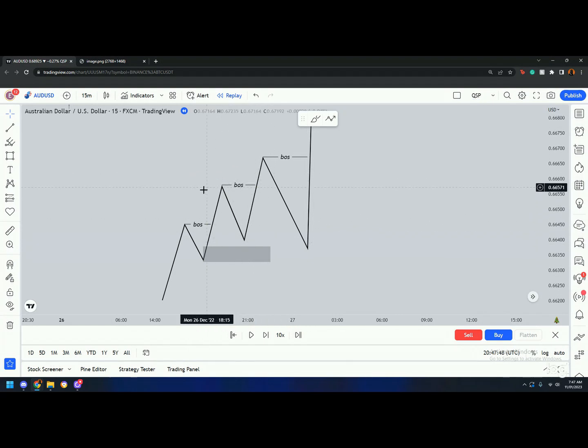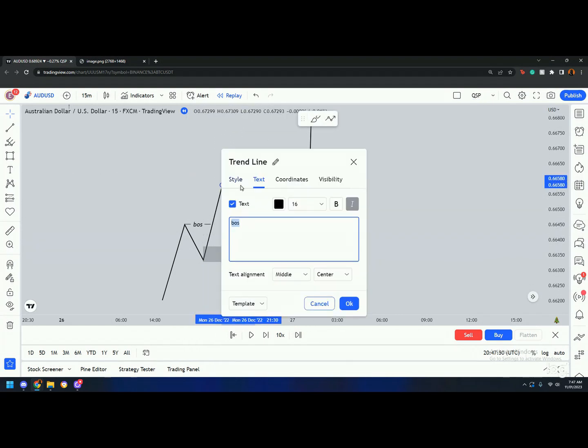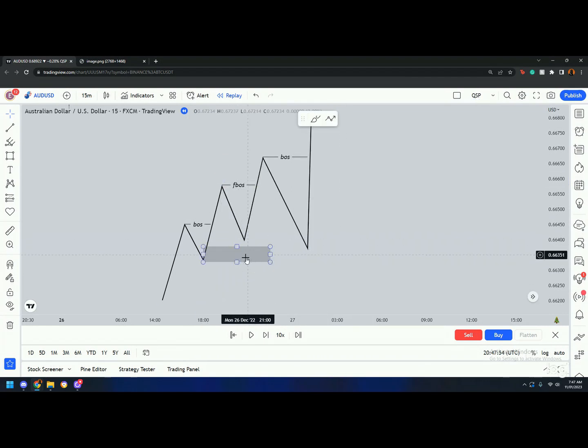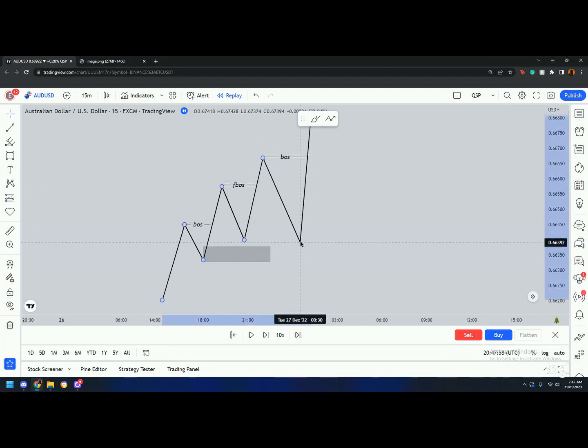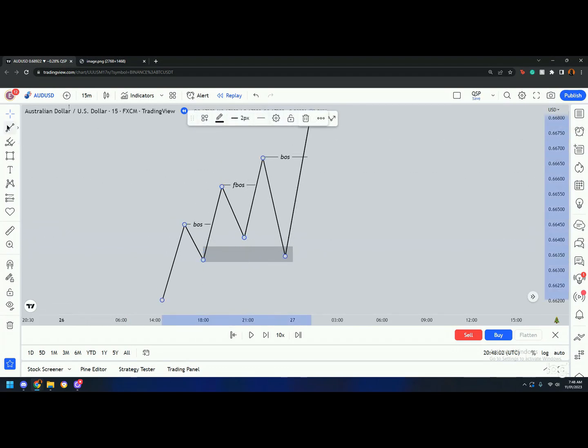Everything here is just liquidity. So this is just a failed or fake break structure. We can call it FBOS because it never mitigated the demand zone and it created a new high. So when that happens, price will come back down to the demand zone because we know this is inducement or liquidity, marked as X, and then we take longs here. Do you guys understand that?